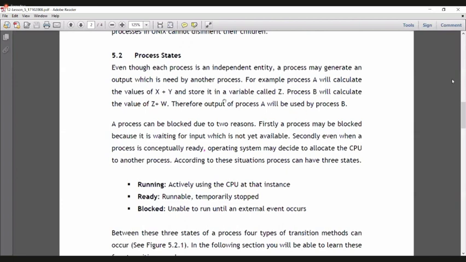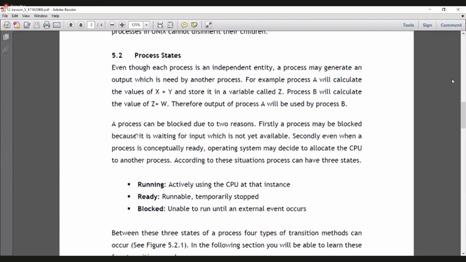So now you can see process B used the result of process A. Therefore, the output of process A will be used by process B. So even though process A and B are independent processes, there's a kind of dependency because B has to wait until it calculates the z value.